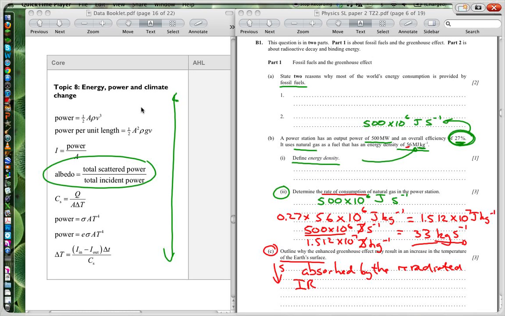It's a longer wavelength, and this gets absorbed by the greenhouse gases. Let's put a GHG there.